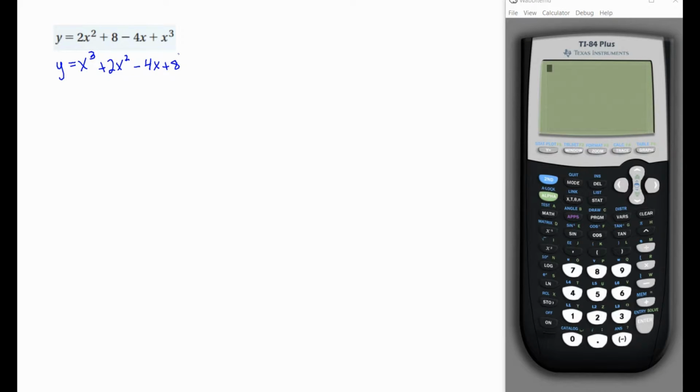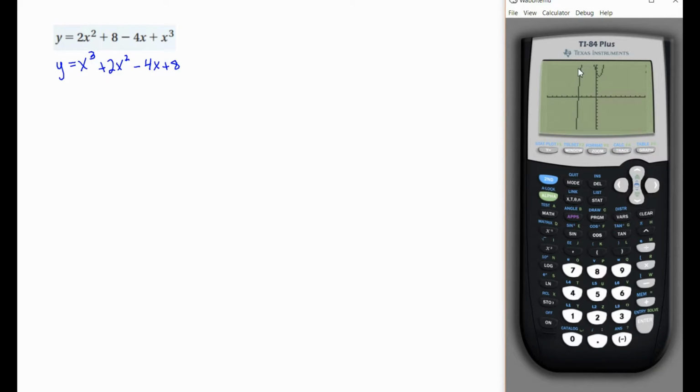Alright, so now I'm going to graph that. I'm going to graph this cubic four-term polynomial. So x to the third plus 2x squared minus 4x plus 8. And graph it.